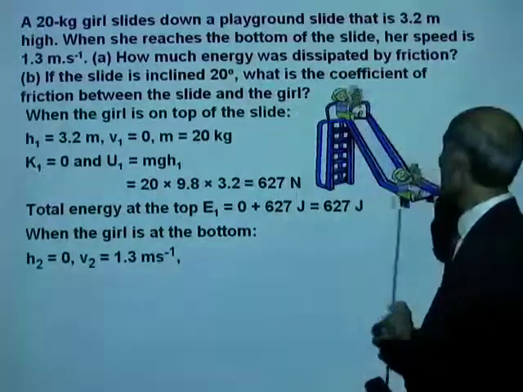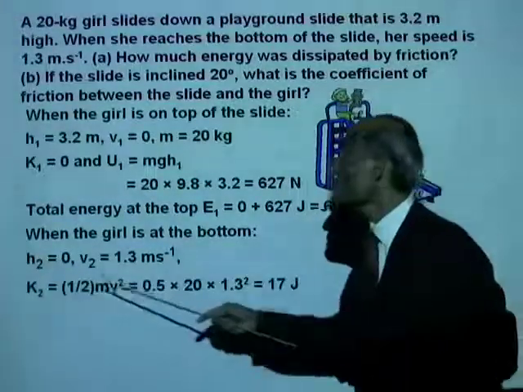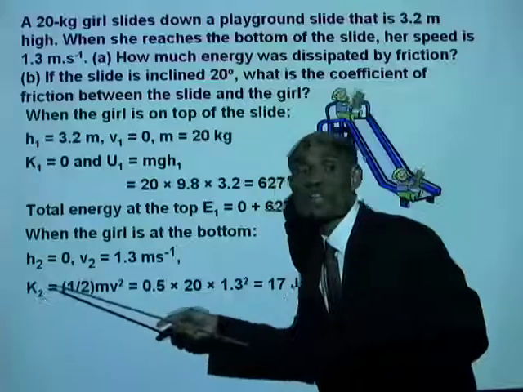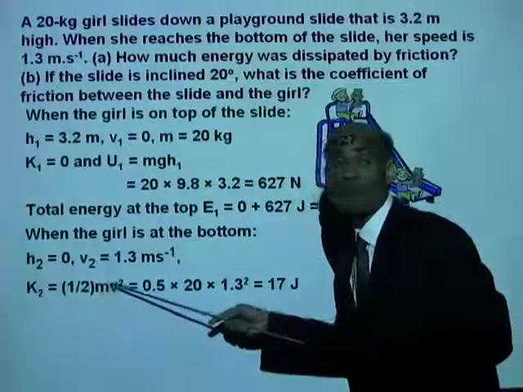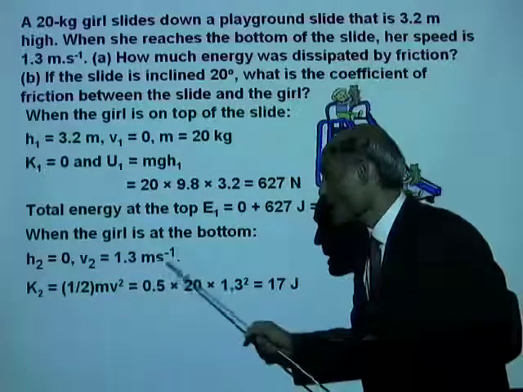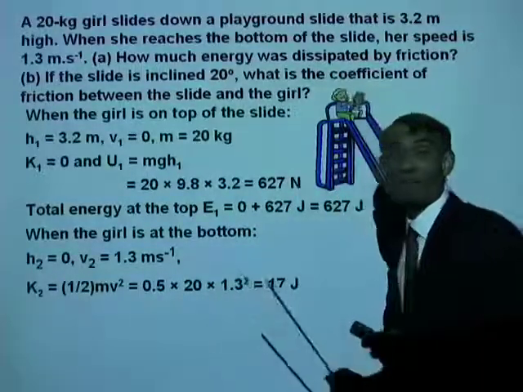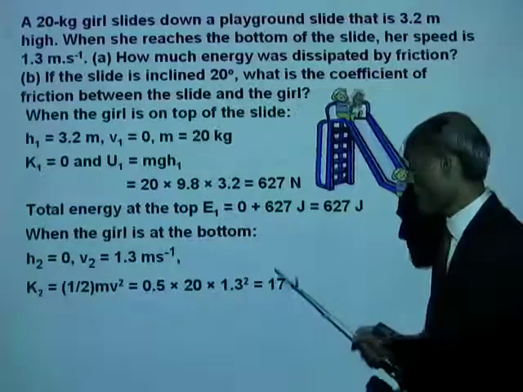And when she settles down, her height is 0. That means her kinetic energy is 1/2 mv squared. 1/2 I write as 0.5. M is 20 kilogram. And V squared is 1.3 squared.